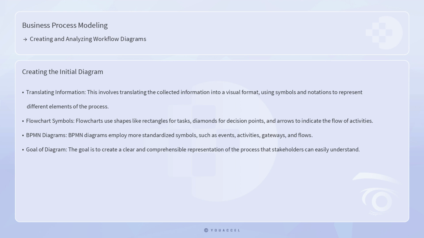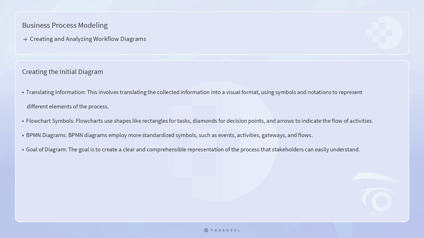With the necessary data in hand, the next step is to create the initial diagram. This involves translating the collected information into a visual format, using symbols and notations to represent different elements of the process. Flowcharts, for example, use shapes like rectangles for tasks, diamonds for decision points, and arrows to indicate the flow of activities.